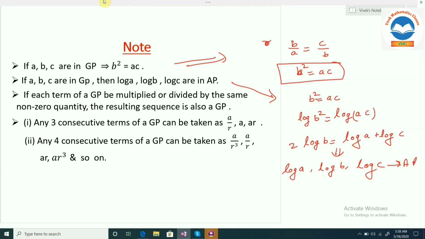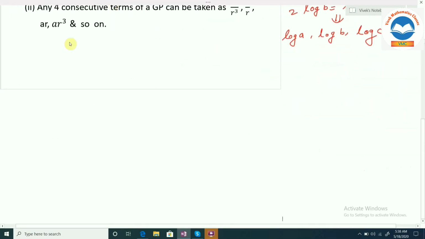Third point, what they have given? If each term of a GP is multiplied or divided by the same non-zero number, then the resulting sequence is also a GP. Okay, we'll check this. Let's say I will take one GP like this: 2, 4, 8, 16, 32.